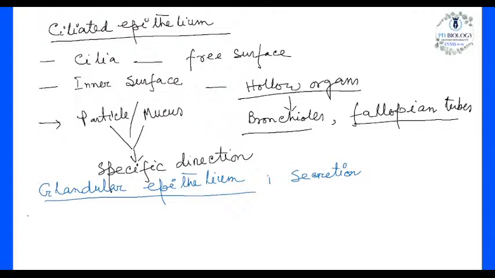There are two types mainly: unicellular, that is consist of isolated glandular cell. So the example of unicellular glandular epithelium, that is goblet cell, and these are present in alimentary canal.